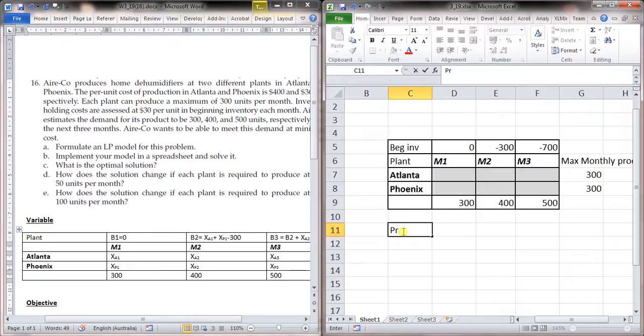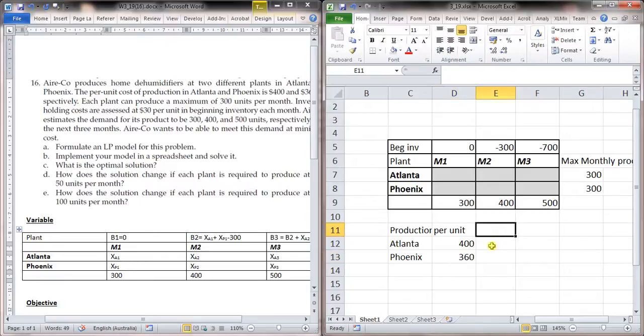So what will be our production cost? We have to minimize the cost, where we'll have to do the objective production cost from Atlanta and Phoenix. Per unit in Atlanta is 400, and Phoenix is 360.